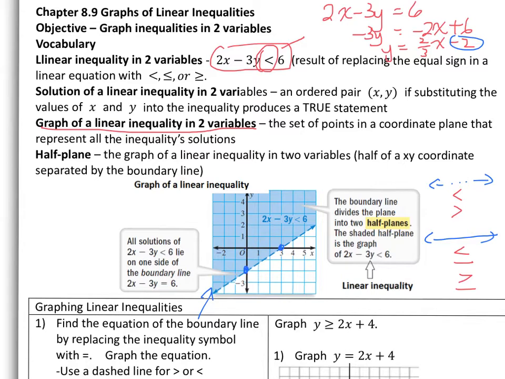Now we need to determine the solution of a linear inequality in two variables. An easy point to work with would be 0, 0. And I'm going to call this the 0, 0 test.